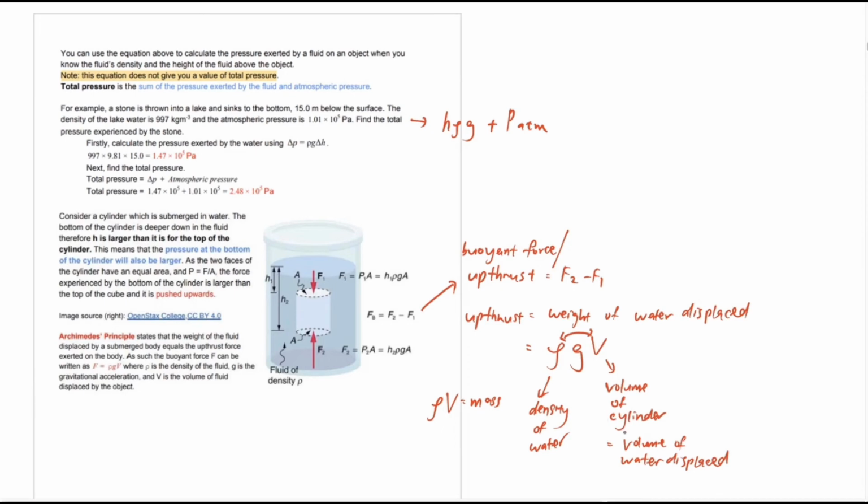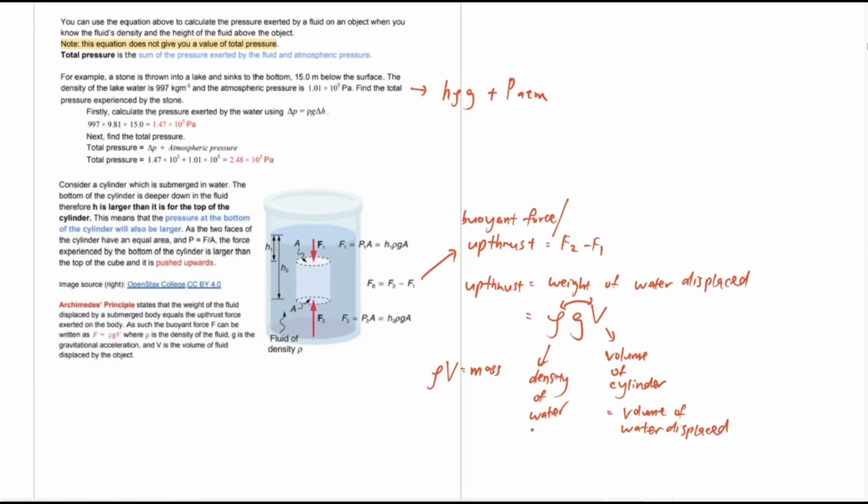So volume multiplied with density of water, not the density of the cylinder. Now you get the mass of water. To find the weight of water, mass times g, W equal to mg, right? So you get the weight of water.